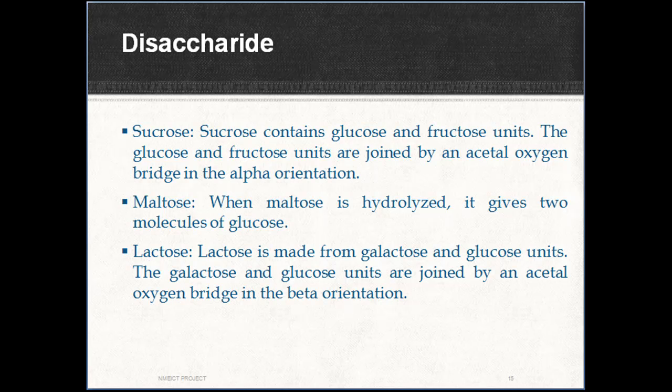It is also one of the byproducts in the manufacture of cheese. Lactose is made from galactose and glucose units. The galactose and glucose units are joined by an acetal oxygen bridge in the beta orientation.